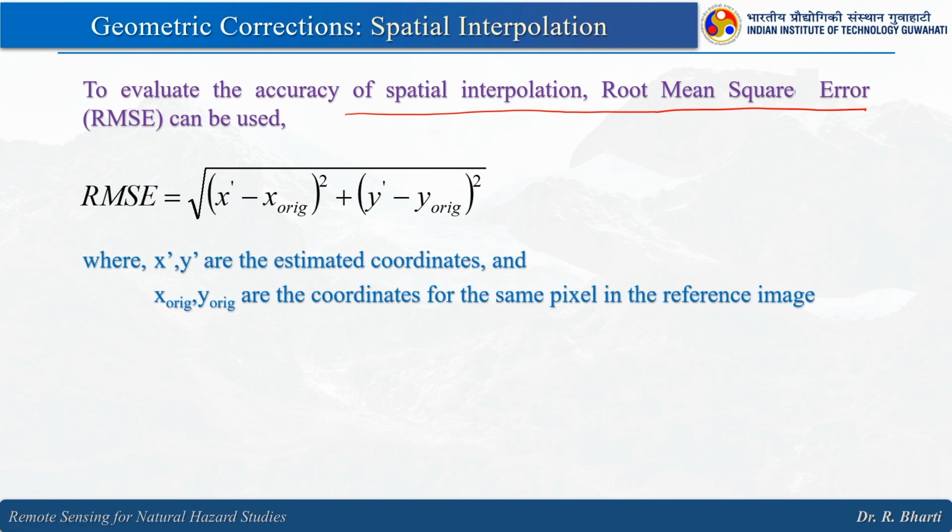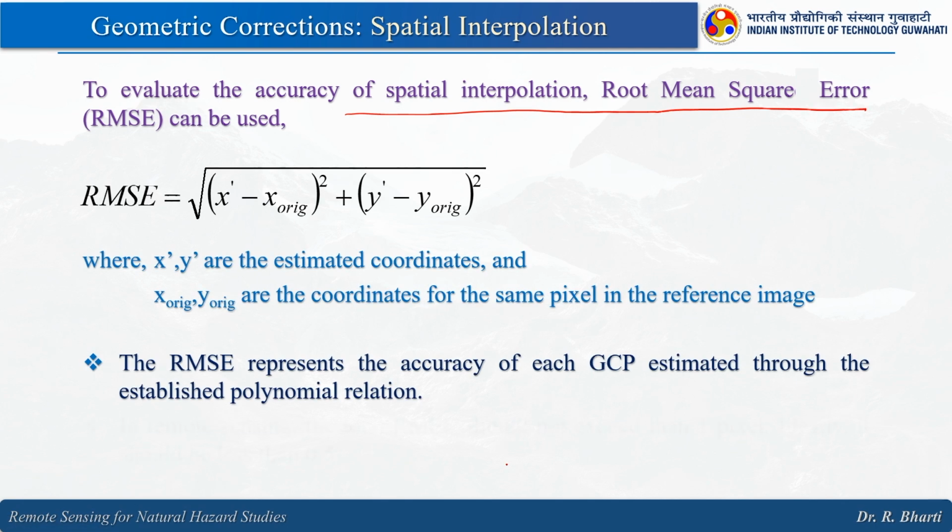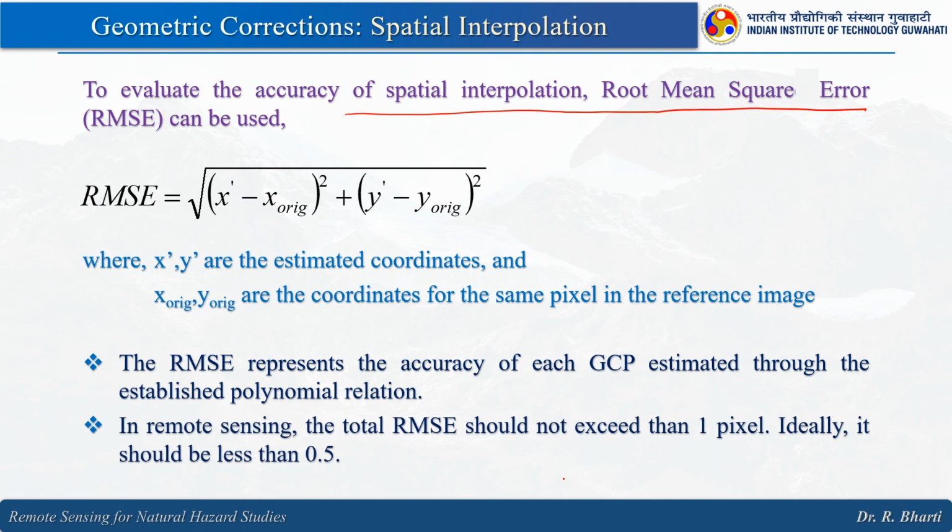So this is the general formula of RMSE, but here one thing which is very important is whether your RMSE is coming 0.5 or 1.5, right. So what will be the difference? If your processing has an RMSE of 0.5, that means an object which was supposed to be within this particular pixel might be diverted from its original position by 0.5, that means half of the pixel, right.